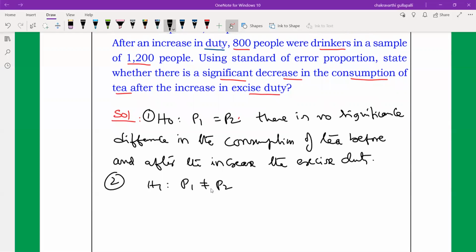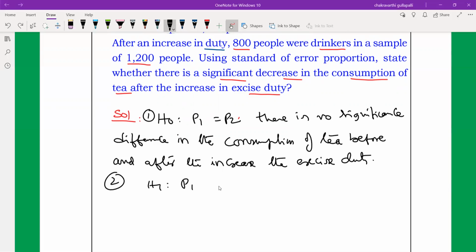But here, in the given problem, we want to know whether there is a significant decrease in the consumption of tea after the increase in excise duty. So you have to use a suitable alternative hypothesis. P1 not equal to P2 is not correct here.